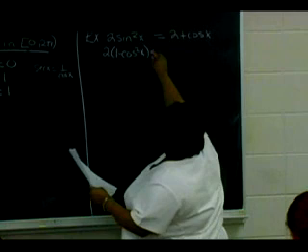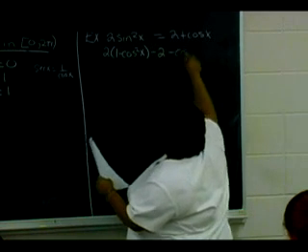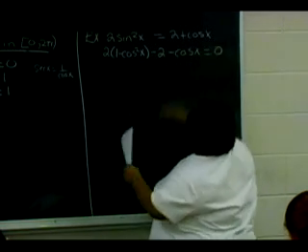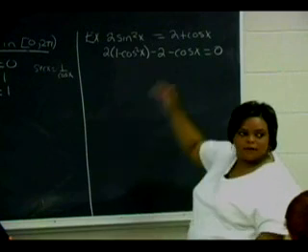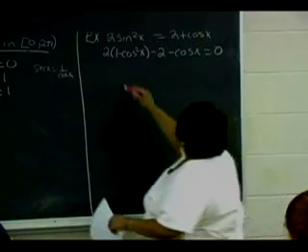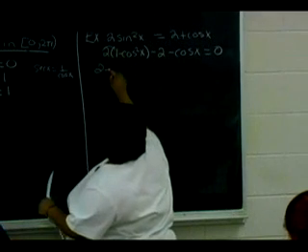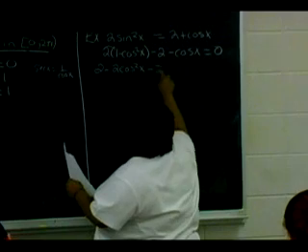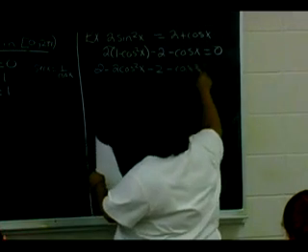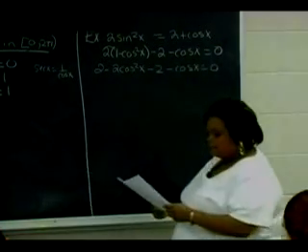I can go ahead and bring over this 2 and bring over that cosine x. So let me distribute. I get 2 minus 2 cosine squared x minus 2 minus cosine x equals 0.